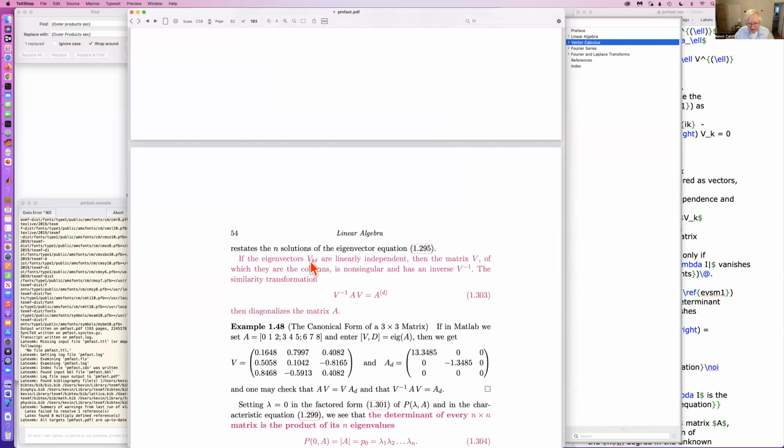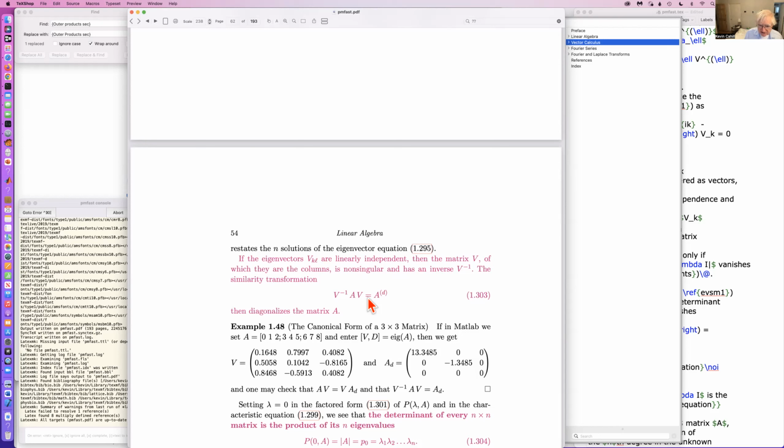And if the eigenvectors are linearly independent, the matrix V is non-singular, and it has an inverse. And then instead of having AV equals V A diagonal, we multiply by V inverse, and we get what's called a similarity transformation that diagonalizes the matrix A. So basically, every n by n matrix has n eigenvectors and n eigenvalues.